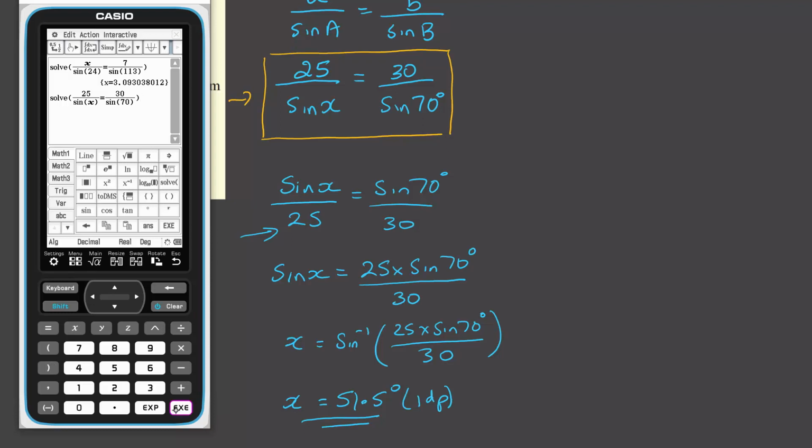Now, when I hit execute, look what it gives me. The angle that we want is this one, the 51.5.